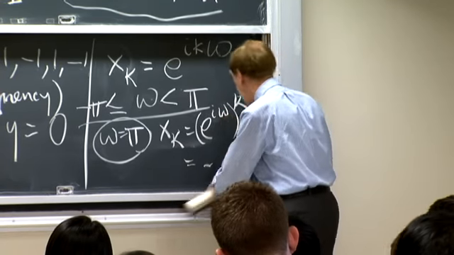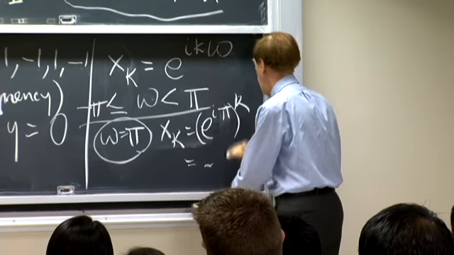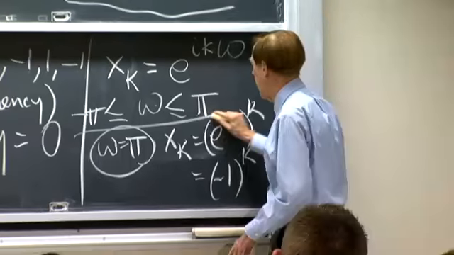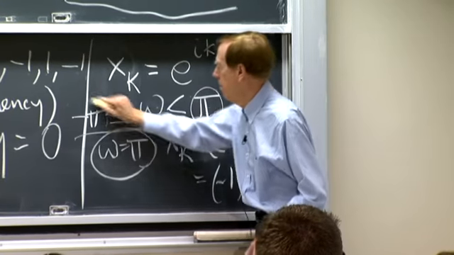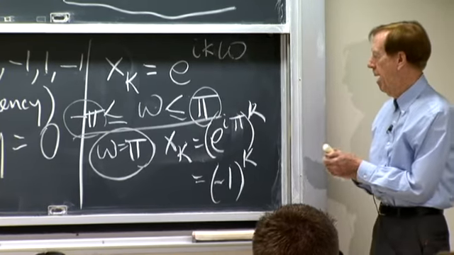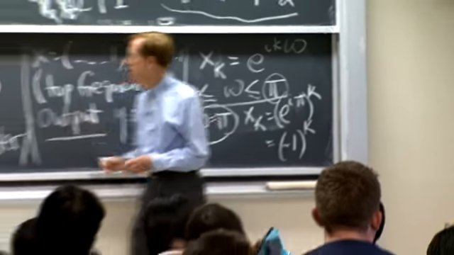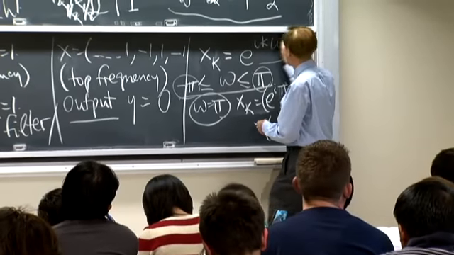E to the i pi to the kth power, and that's minus 1. So that's the top frequency, and the 0 frequency is the all ones. And this is what happens.